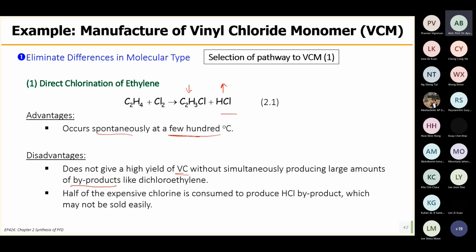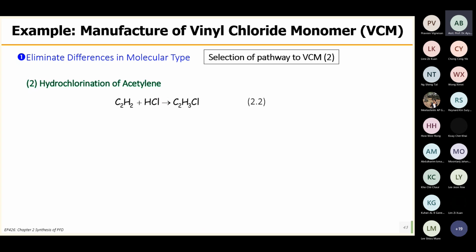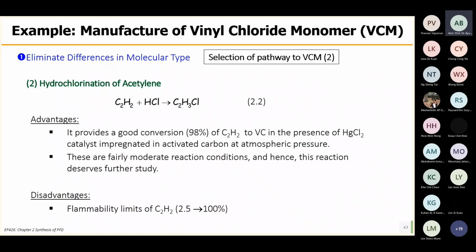Next, consider the second process, which is the hydrochlorination of acetylene. The advantages: higher efficiency, higher yield of acetylene to VC in the presence of this catalyst, and moderate reaction conditions.